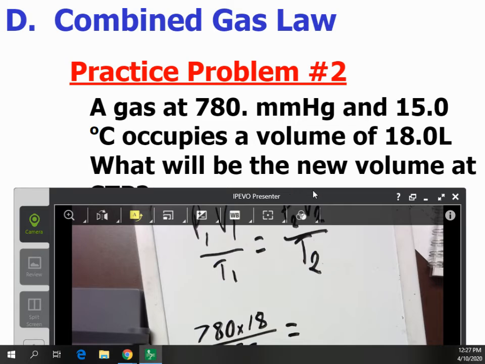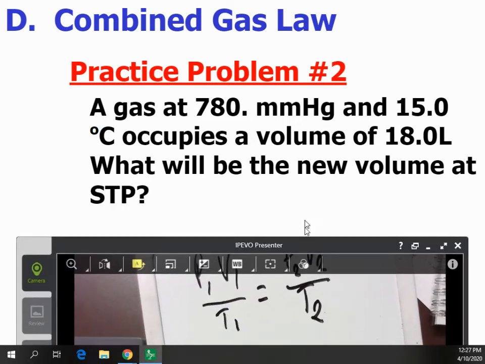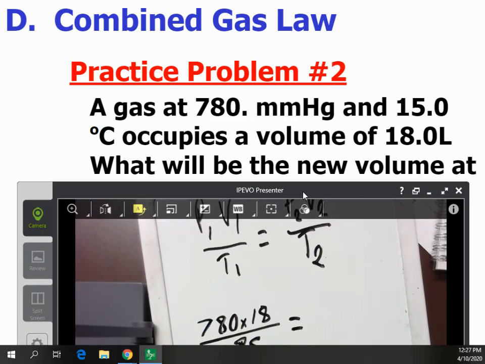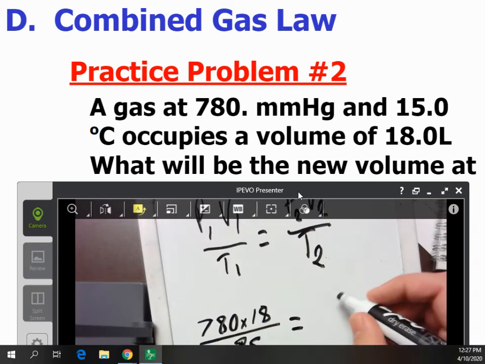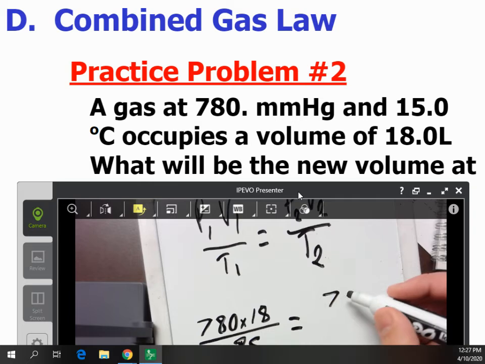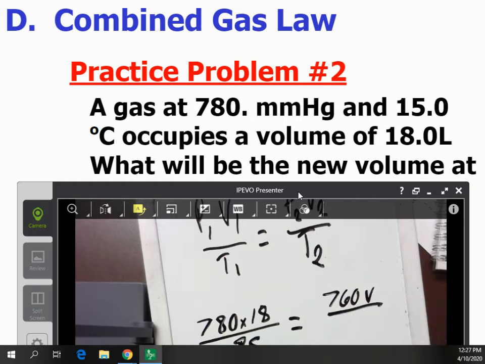So what is our new volume at standard pressure? Standard pressure, as we know, is 760 mmHg, and our standard temperature is 0 degrees Celsius, which is 273 Kelvin. So we set it up the same way.